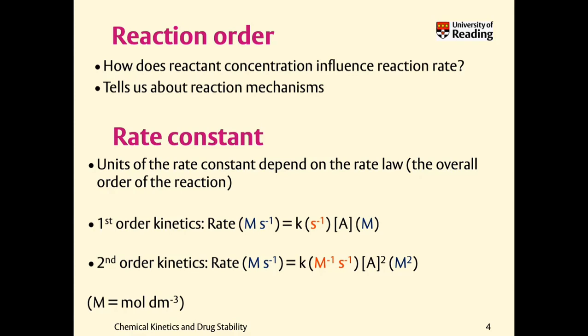The units of rate are molar per second, and the units for concentration are now molar squared. And so to have the units balanced on both sides of this equation, the units for the rate constant will now be molar to the -1, seconds to the -1.